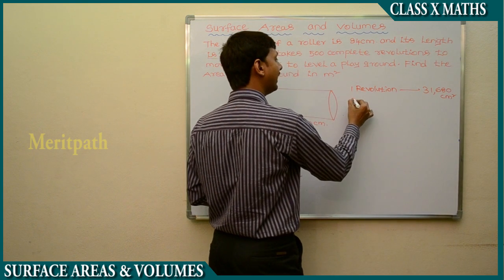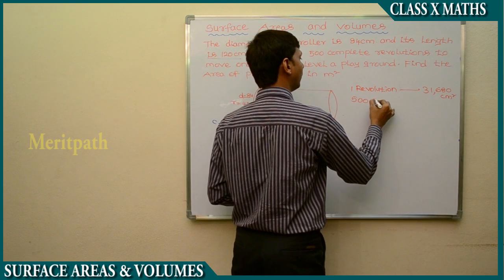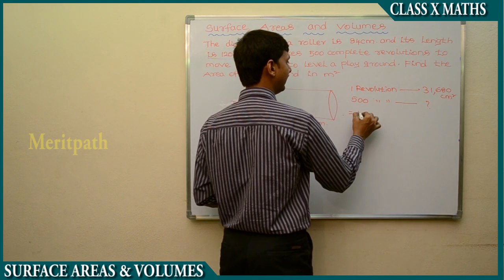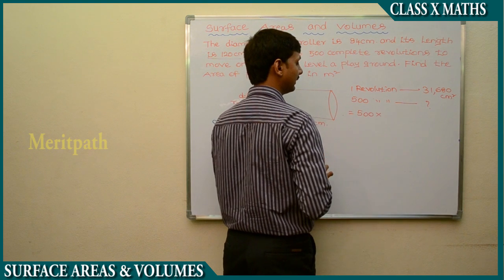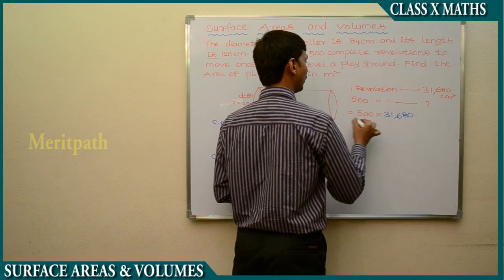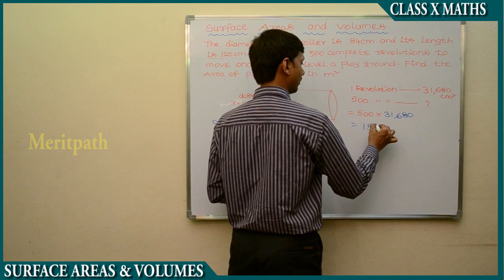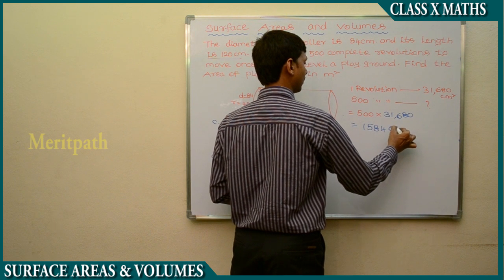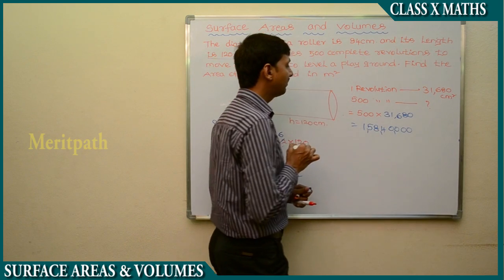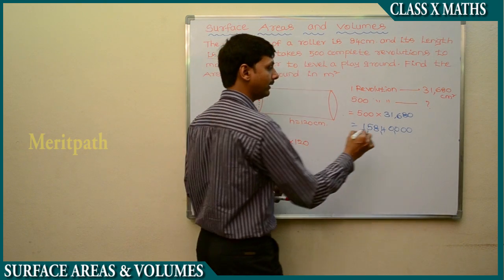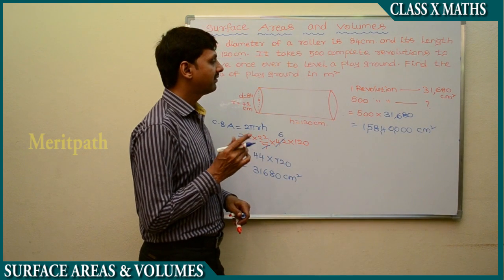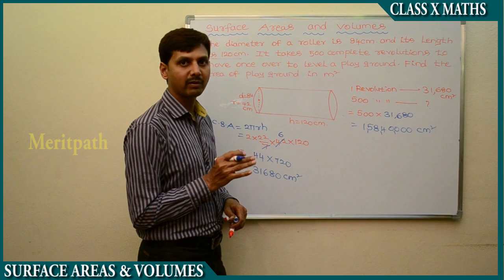For 500 revolutions, that is 500 into 31,680. After multiplication, we get 1,58,40,000 centimeters square.